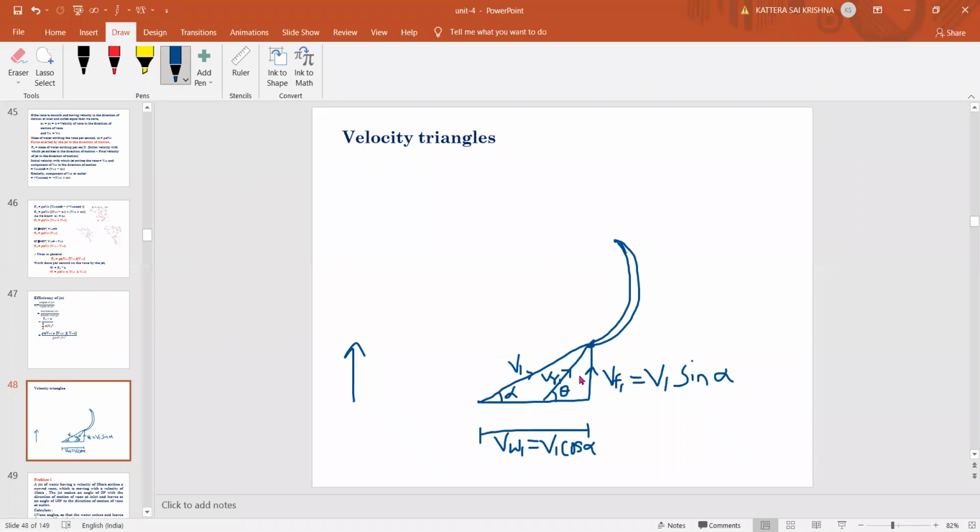This is the way of drawing the inlet velocity triangle. This height is v1 sine alpha, and this is v1 cos alpha.